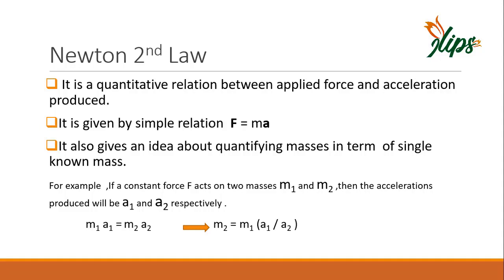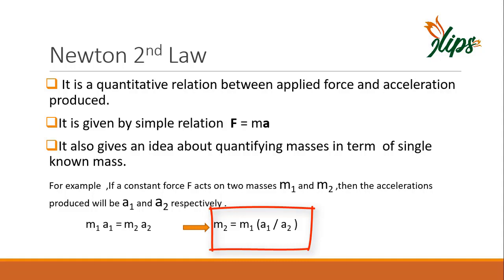It means that if a constant force acts on two masses m1 and m2, then the acceleration produced will be a1 and a2 respectively. Since the force is the same for both particles, we can write m1 a1 is equal to m2 a2, which implies m2 is equal to m1 into a1 by a2.